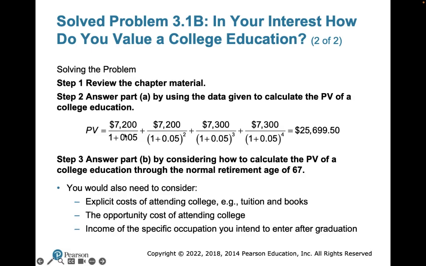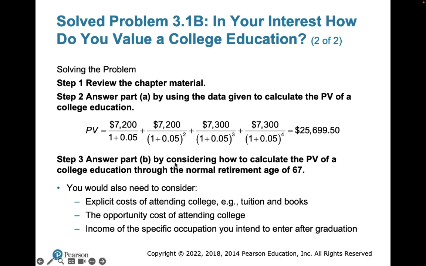That is why we have 7,200 here and 7,300 here. So if you add this up, I mean you calculate this with your calculator, you're going to get this one. Ensure you follow your BODMAS, your basic math rule, and you do this, you get your answer. Now let's look at step 3.